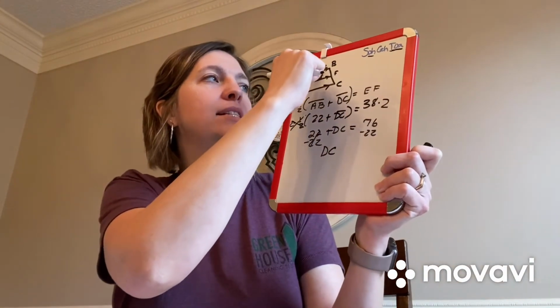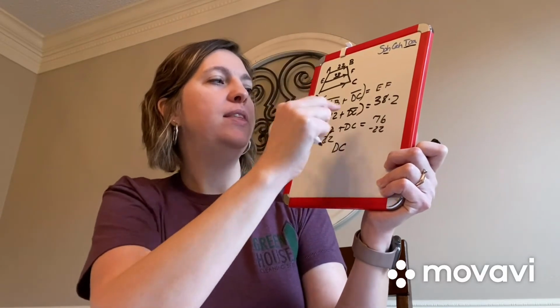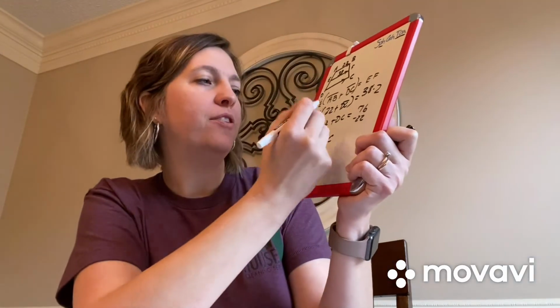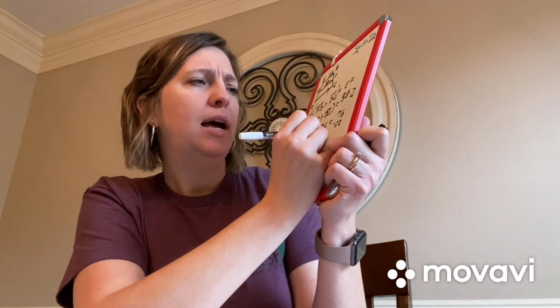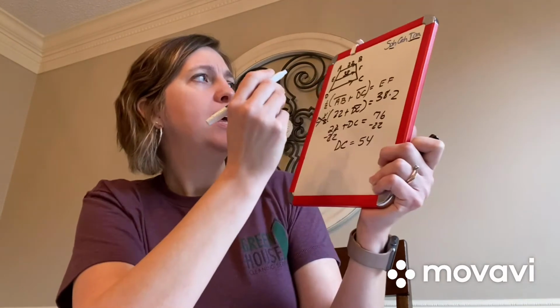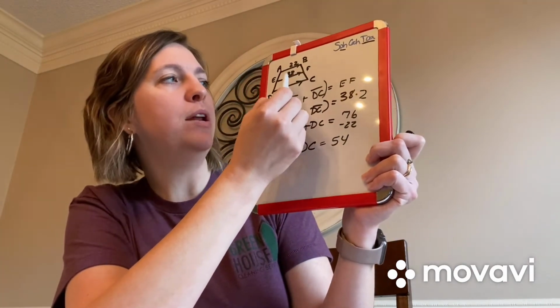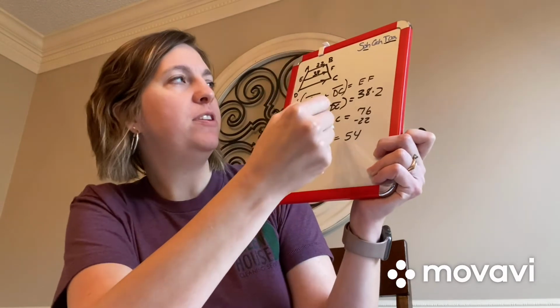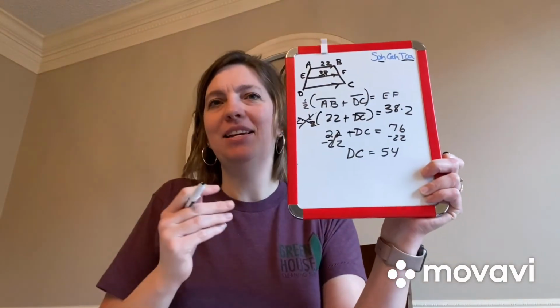In our practices, they gave us AB and DC. We just had to add them together and divide by 2. This time they gave us one, but not the other. So DC equals 54. Now, is that reasonable? Absolutely, because it should be bigger than the middle, right? So 54 plus 22, if I half it, it should be 38. So great job. That's practice A.